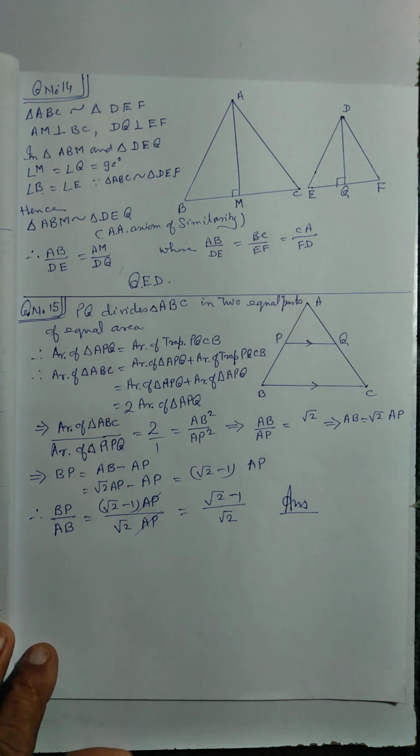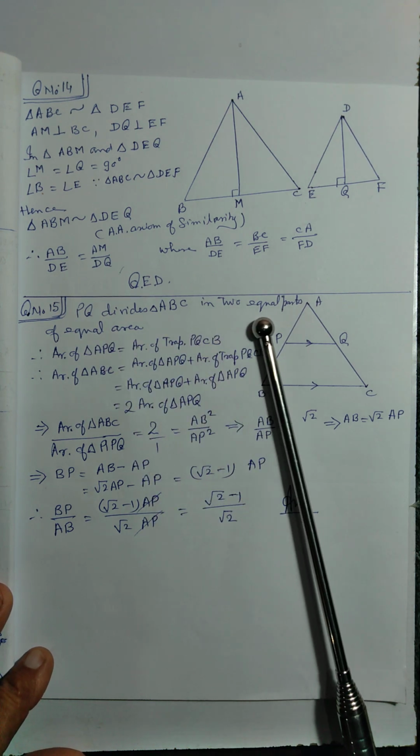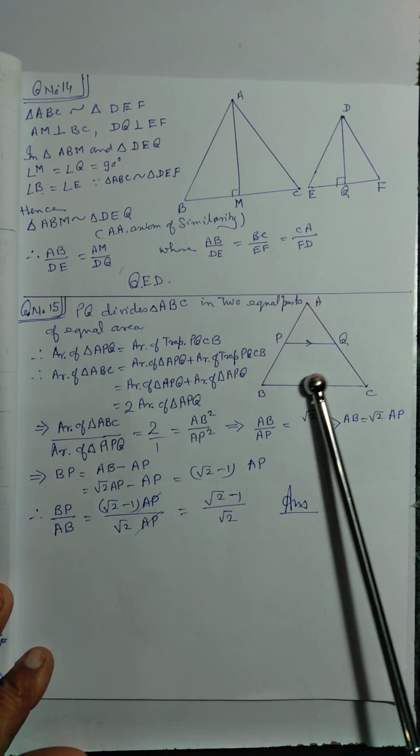ABC is a triangle where PQ is a line segment intersecting AB in P and AC in Q, such that PQ is parallel to BC and divides the triangle ABC into two parts of equal area. Find BP upon AB. You see here, PQ divides ABC into two parts of equal area. अब देखिए यहाँ पर PQ किसके पैरेलल है?